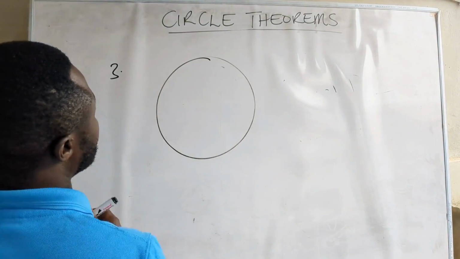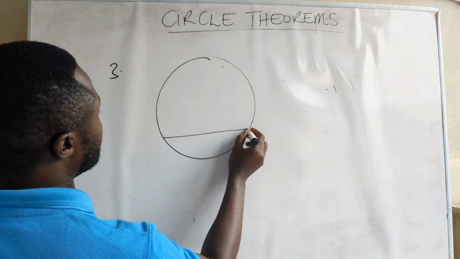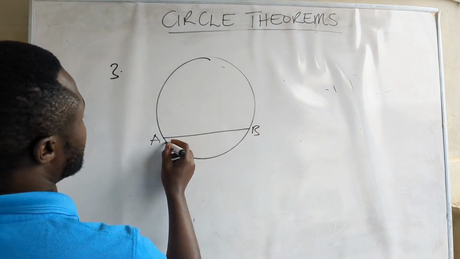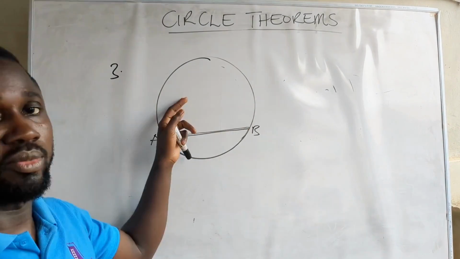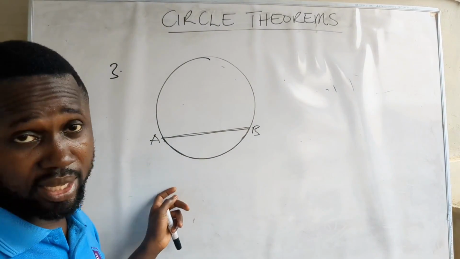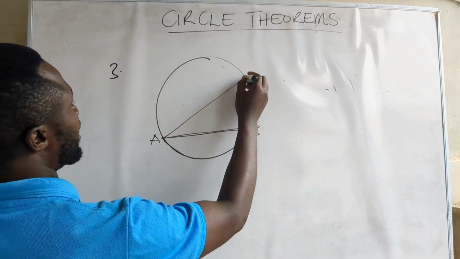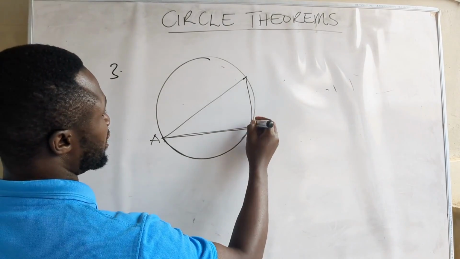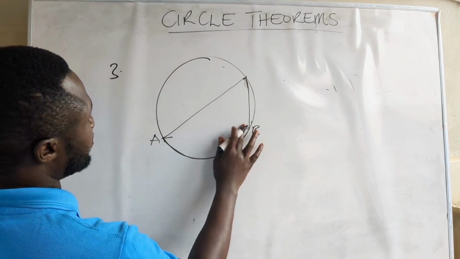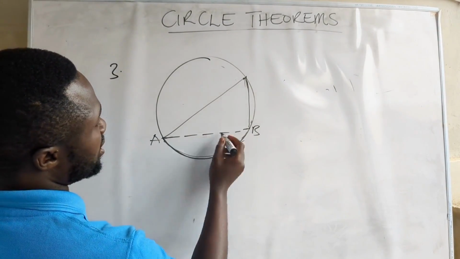Okay. Number 3 here. What we are also saying is that if you have a chord, or an arc, so angles that are subtended at the circumference of the circle from the same chord or from the same arc are equal. So if I have an angle here at the circumference, you see that they are from the same arc or from the same chord.